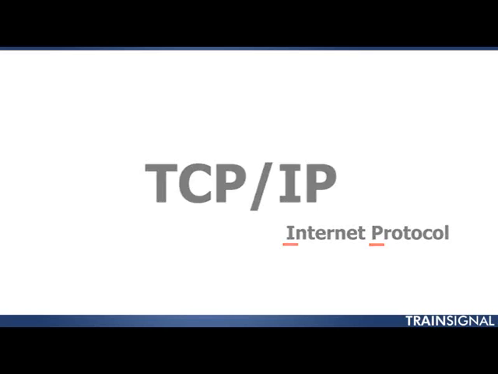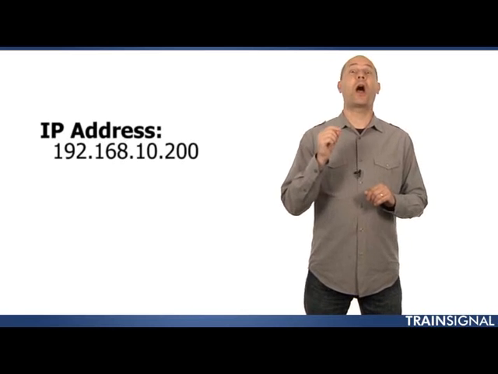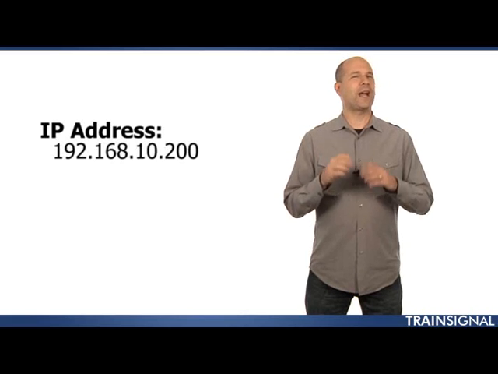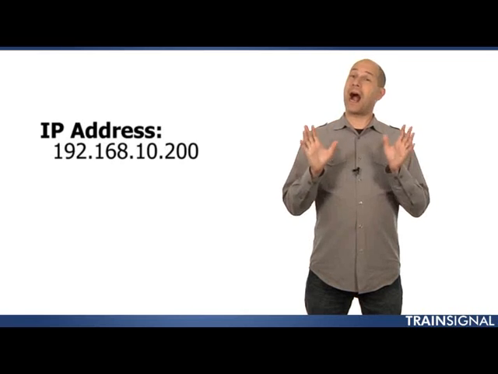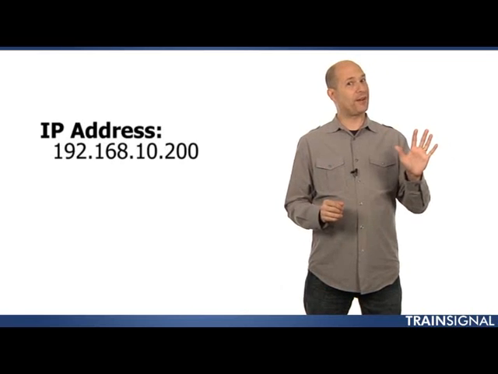Now, speaking of the IP portion of TCP/IP, that takes us to the next concept that I want to talk to you about. And that's something called IP addressing. The idea here is, if you're going to have multiple computers on a network, you have a computer over here and a computer over here.